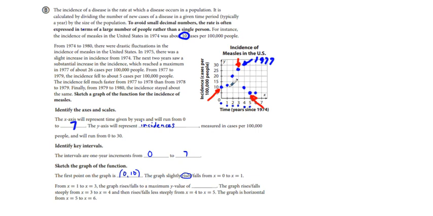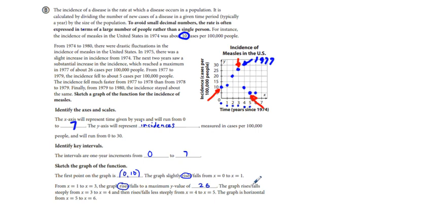So we are still increasing the next two years. So the graph rises to a maximum value of 26. The graph rises or falls steeply from x equals 3 to x equals 4. Well, here we have between x equals 3 and x equals 4. That is steeply falling, isn't it?